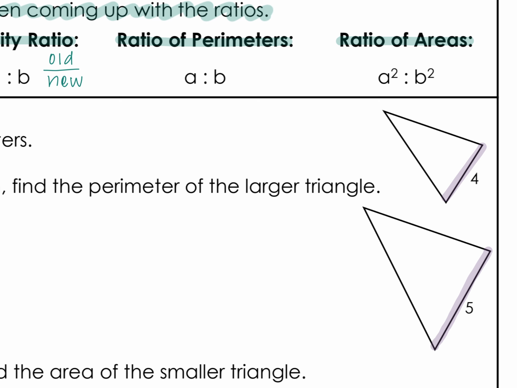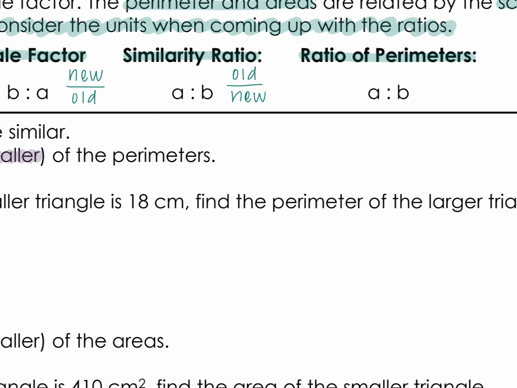They said the larger, so that would be my 5 to my smaller, which is the 4. So you can write this as 5 to 4, or if you would like, you may write it as a fraction. It is completely up to you. Now, key thing, and so the fraction might be helpful here, is make sure you always reduce. Here, I cannot reduce any, but in some problems you might be able to, and that reduced ratio would be your final answer.